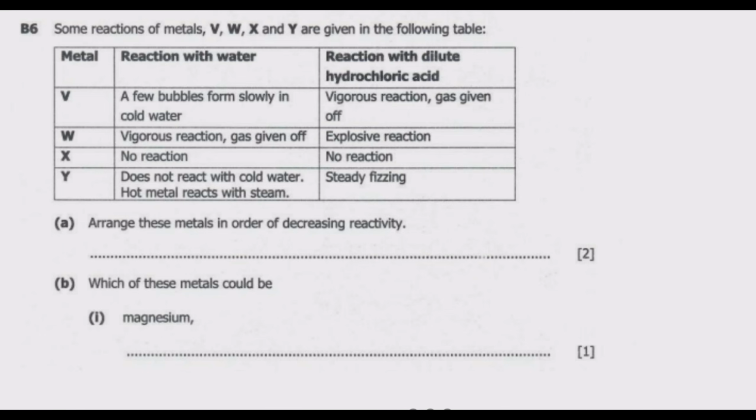V reacts with water to produce a few bubbles that form slowly in cold water, then reacts vigorously, giving off a gas with hydrochloric acid. W has a vigorous reaction, giving a gas with water, then an explosive reaction with hydrochloric acid. Then X has no reaction with water and no reaction with hydrochloric acid.